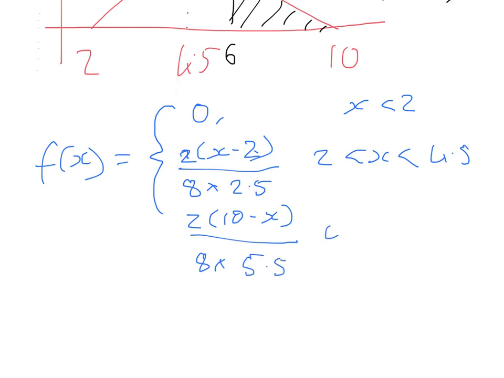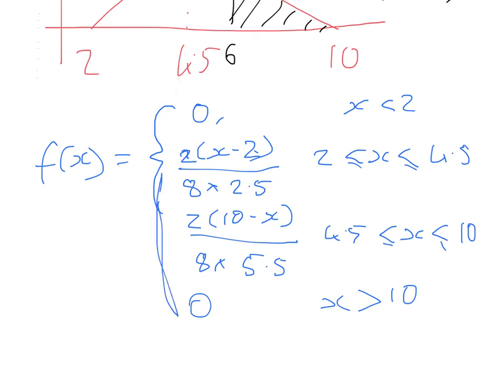That's between 4.5 is less than x is less than 10, and then 0 when x is greater than 10. Now you can put the equal to signs on here if we want to. It doesn't really matter because the probability is 0 at any particular number because it's continuous. All right. So we've got that now.